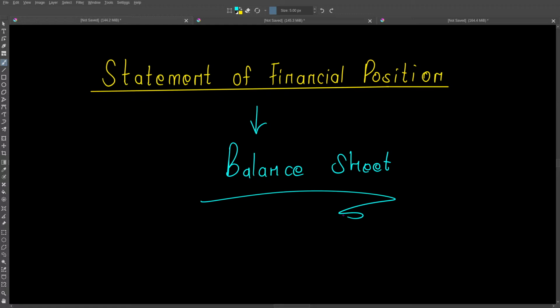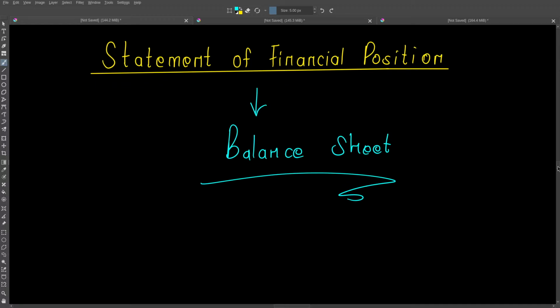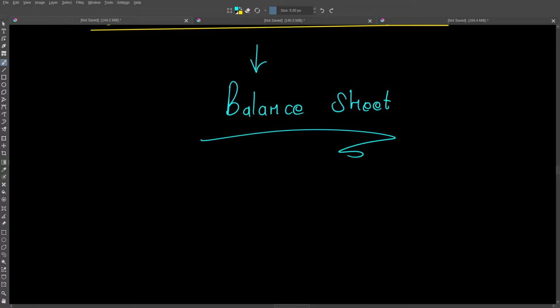In years to come, the word balance sheet might be forgotten, but that is what it used to be referred to. People still use the balance sheet, but as per IAS and IFRS, we call it the statement of financial position.